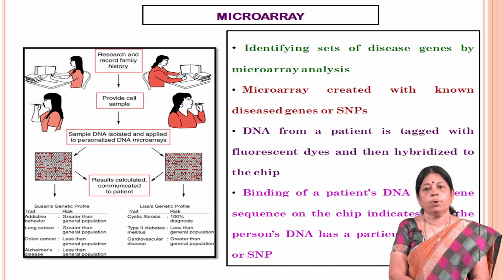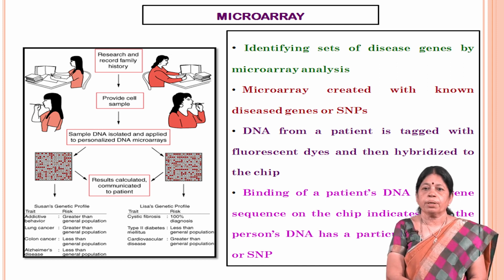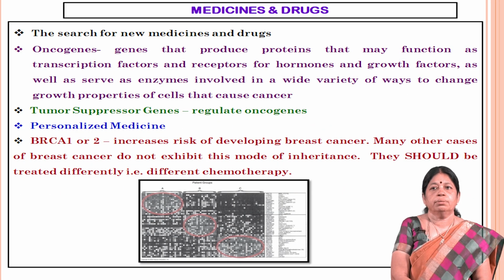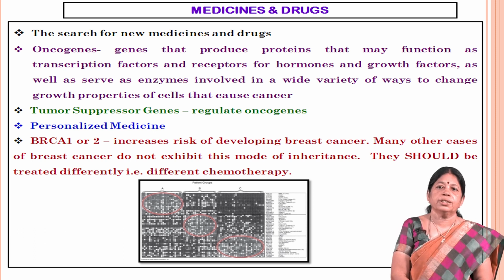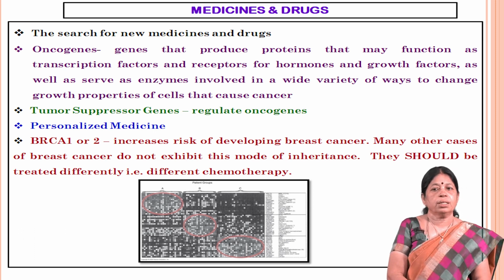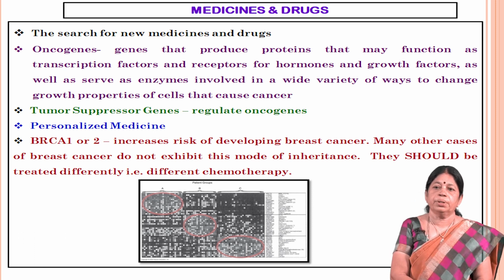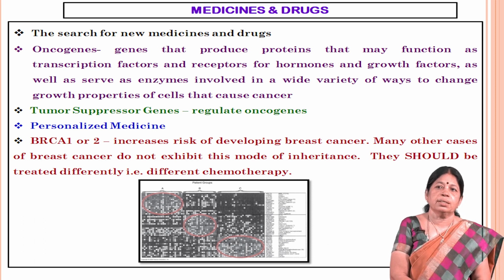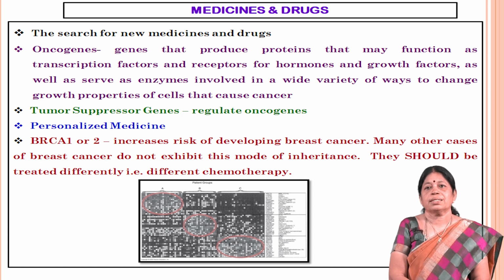So this is called the point mutation, and this can be identified by means of microarray analysis. And then we can make various drugs and medicines through biotechnology. The main one is RT-PCR; in previous years most people faced COVID at that time. This RT-PCR is used to detect the COVID presence.